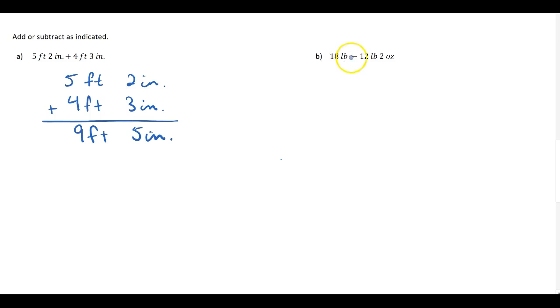Let's look at this 18 pounds minus 12 pounds 2 ounces. Here's where we end up having to borrow some, because I can't take 0 minus 2. So what I have to do is borrow an entire pound. 1 pound equals 16 ounces.